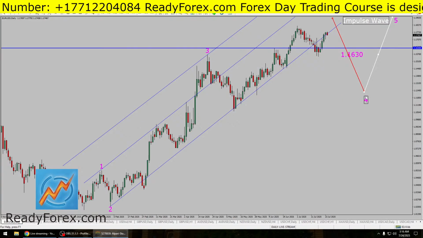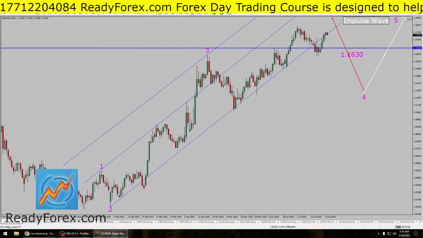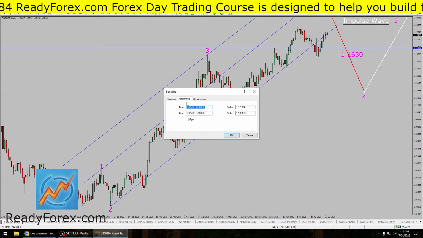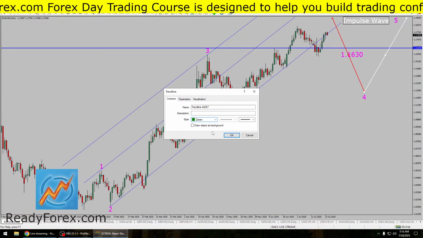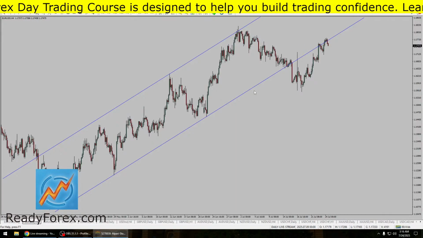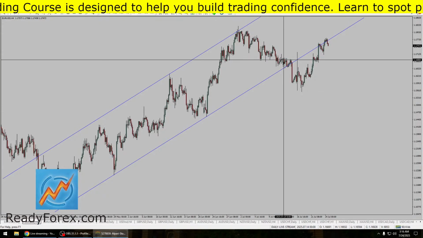Now at this point in time, you see the euro dollar is falling down, and I see this as just a corrective wave, that's all. If we go over to a 4-hour time frame, you see we got multiple tests of this trend line.